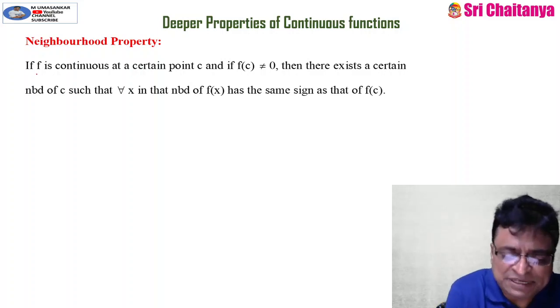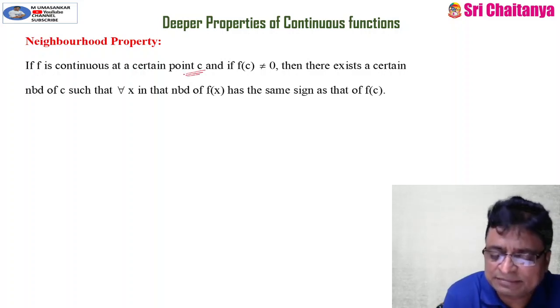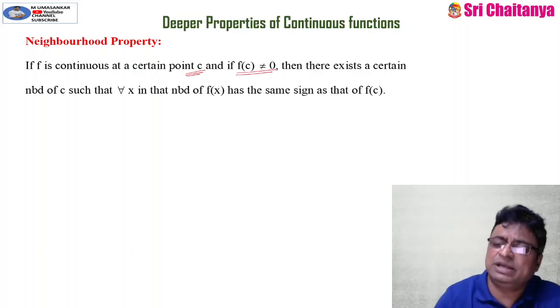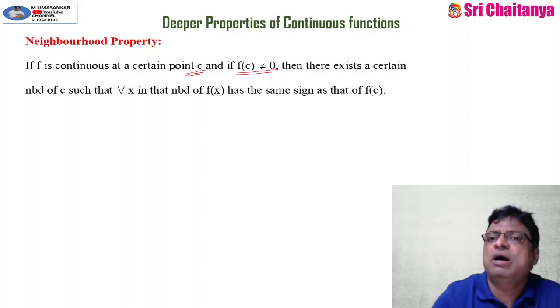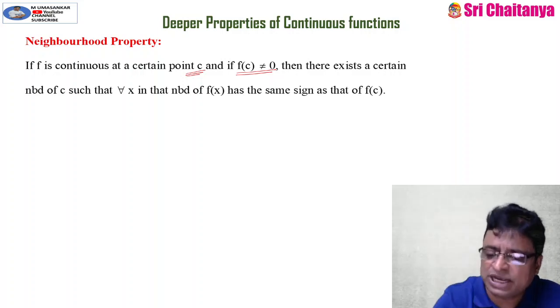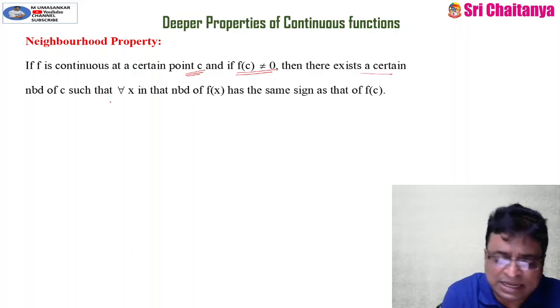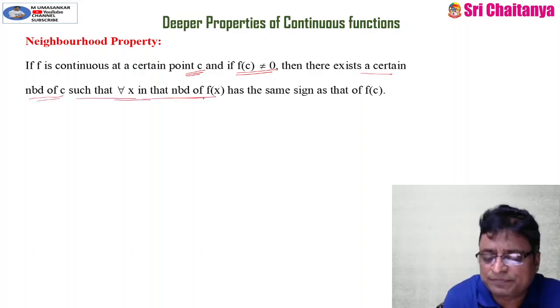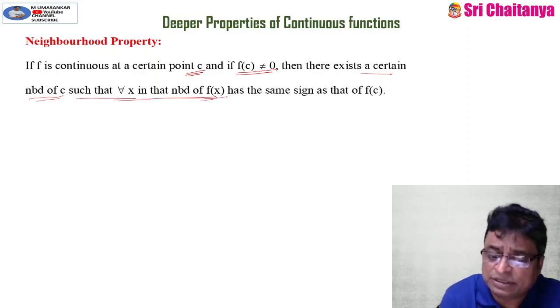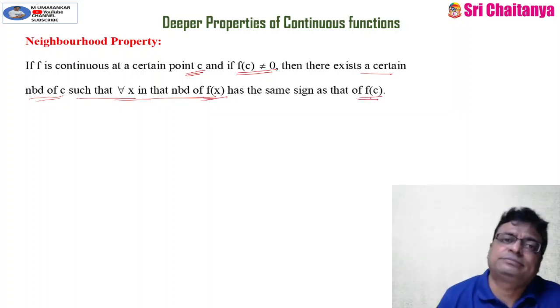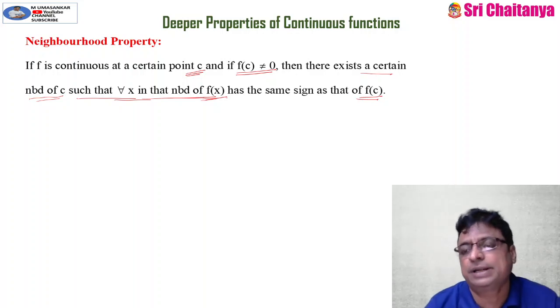That means, if f is continuous at a certain point c, and moreover f of c is not equal to 0, meaning it is either greater than 0 or less than 0, that means either it is above the x-axis or below the x-axis, then there exists a certain neighborhood of c such that for every x in the neighborhood, the sign of f of x and the sign of f of c are both the same. This is the neighborhood property.